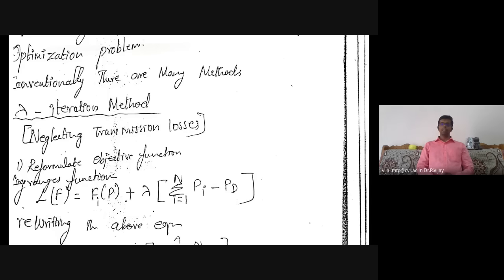So what is the Lagrange's function method? Lagrange's function is defined as the objective function plus some constant into constraints. Okay, I think you have studied this Lagrange's function method in your basic classes in your engineering undergraduate courses, like in your mathematics 1.